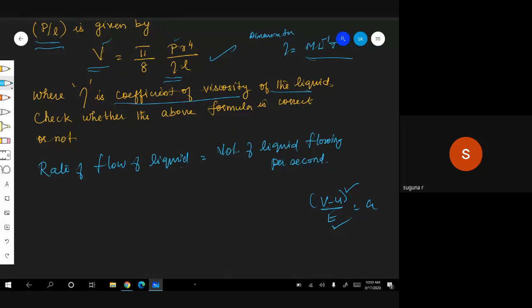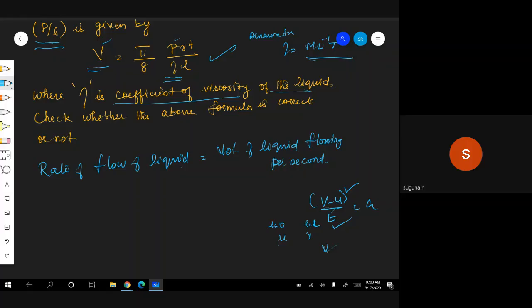Therefore, V, the initial velocity at a certain distance when L is equal to 0, is U. And the final when L is equal to L. The body has traveled a certain distance. At the start, its initial velocity is U, and after traveling a distance L, its velocity becomes V.